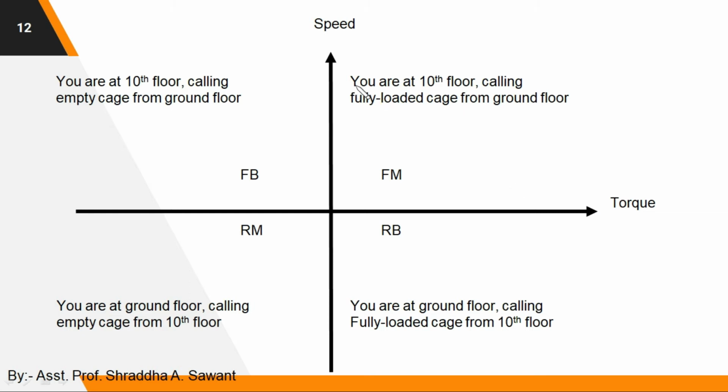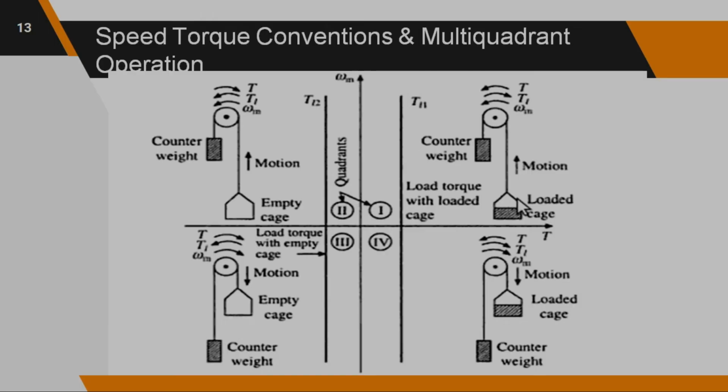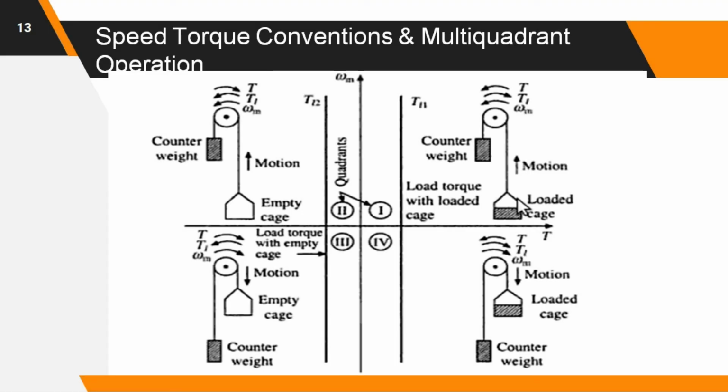Assume that you are at the 10th floor, calling a fully loaded cage from the ground floor. You are at the 10th floor and the lift is at the ground floor, fully loaded. So what will happen? How the motor will work, that we will see.